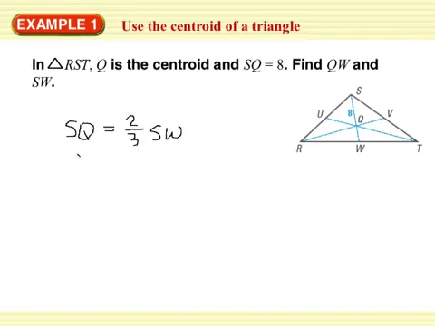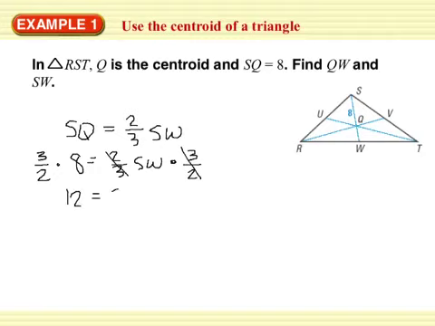We know that SQ is 8. I'm going to multiply both sides by the reciprocal, which is the same as dividing both sides by the fraction. Okay, those are gone. 3 times 8 is 24. Divide by 2 is 12, equals SW.